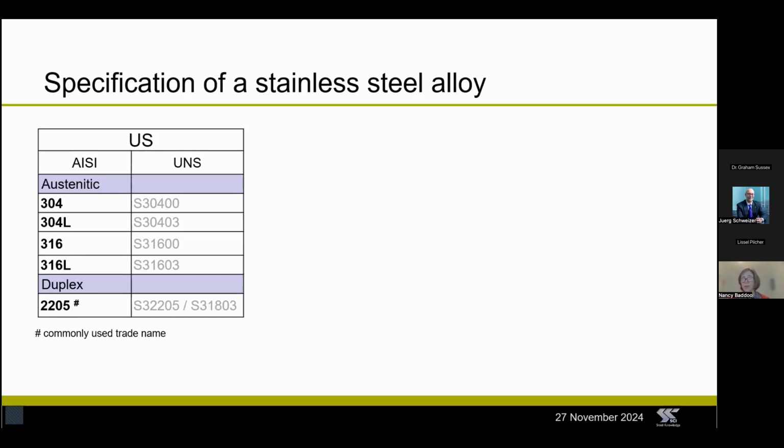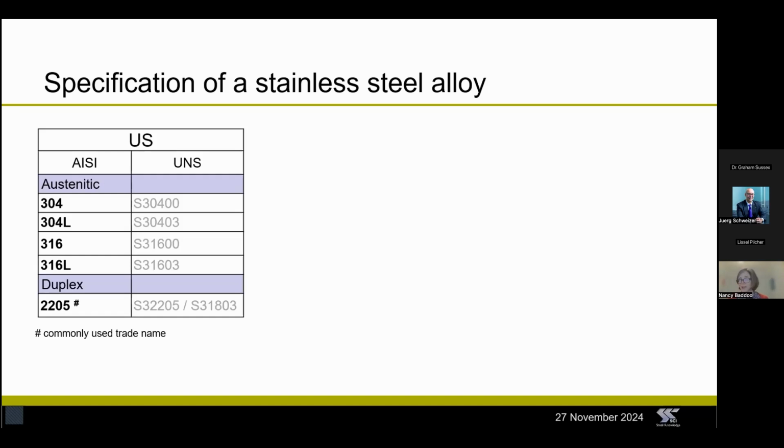So for the austenitics, you'd use the terminology 304, 304L, 316, 316L for the common austenitics. And for the duplexes, you'd use the terminology 2205 for the standard duplex.